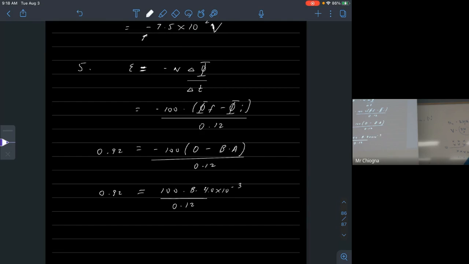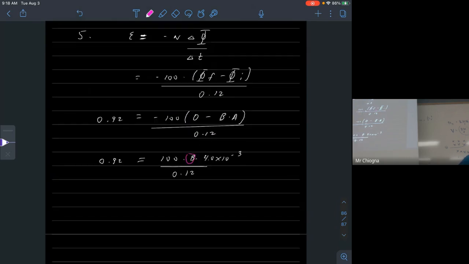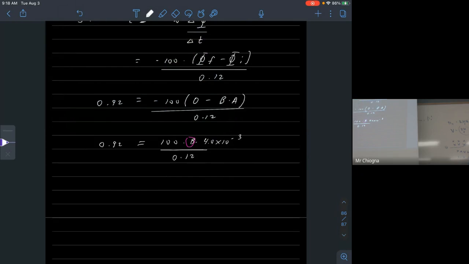So you're solving for your B. 2.8 Teslas, don't forget the units.